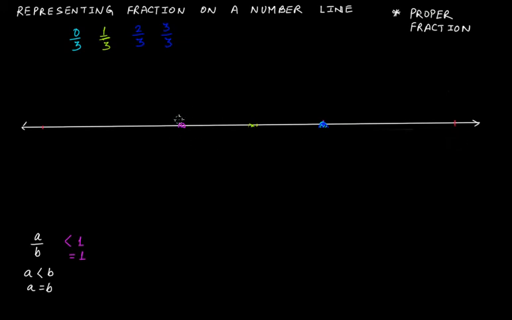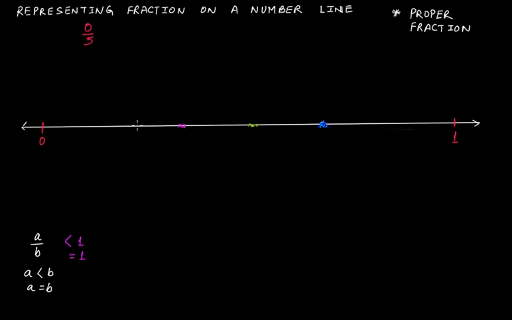Let's say that this was 0, this was your 1. Let's say that you have to represent 0 by 5. Now this denominator will tell you into how many equal parts the distance between 0 and 1 should be divided. It should be divided into 5 equal parts.